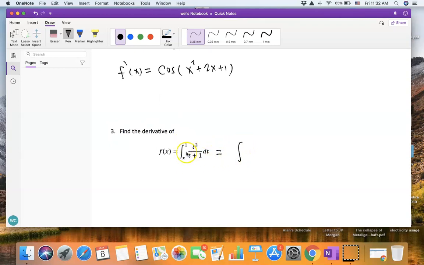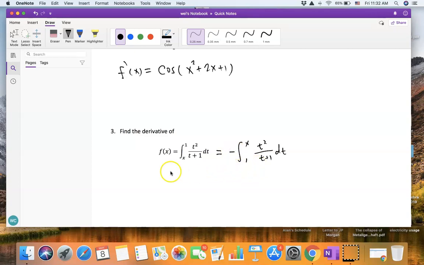We need to switch the lower bound with the upper bound. And in the previous lecture, we said when we switch the lower bound with the upper bound, we change the integral into the opposite. So we add a negative sign.